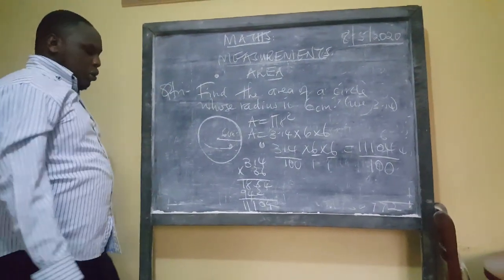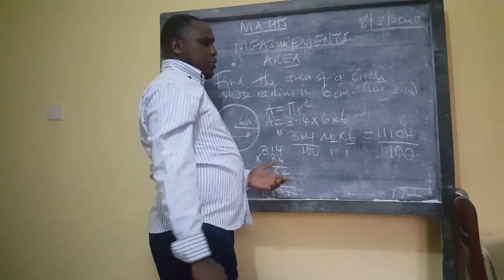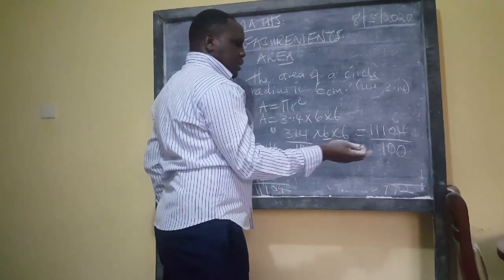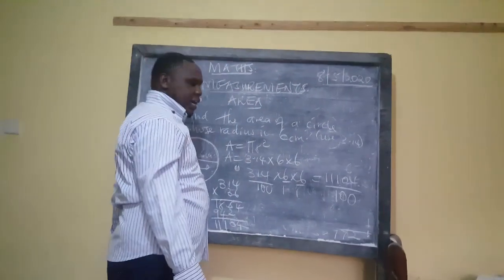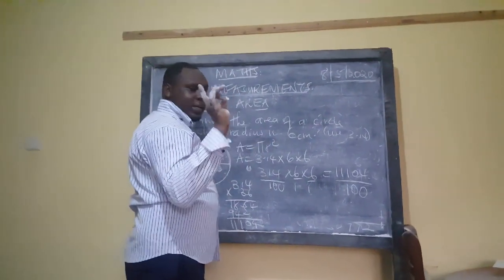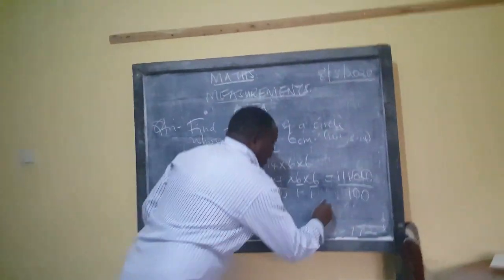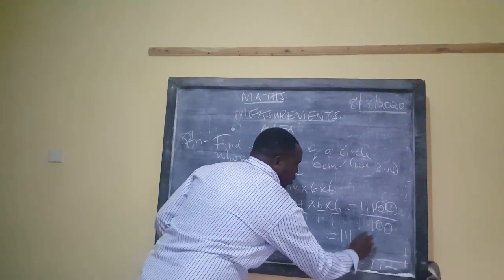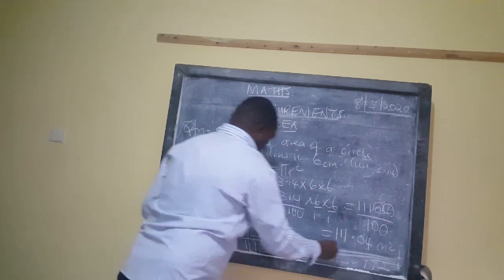So learner, as I told you earlier, that is very important. When you are dividing with zeros, you just move the decimal point backward by the number of zeros we have here. So we have 1, 2. So decimal point is there. We are going to move backward 2 times. So 1 and then 2. So answer is going to be 113.04 centimeters square.